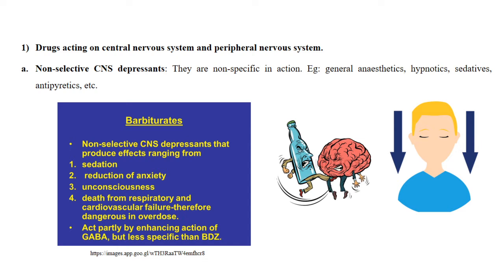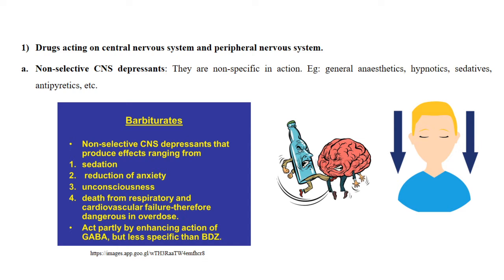The first one is non-selective CNS depressants. From the word depressant, we can understand that it will depress brain function. That is, it depresses the central nervous system as a whole, non-selectively. It will decrease the function of the central nervous system as a whole.